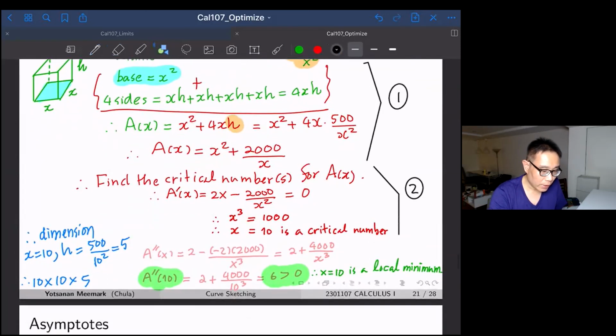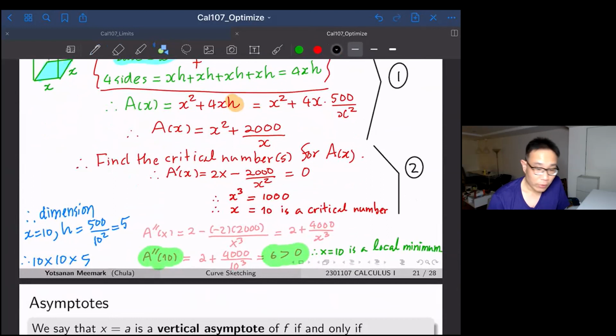And your third step, the thing that you have here, is going to be your third step. You test for local maximum or local minimum, and it turned out to be local minimum in this case. And the final thing, the fourth step, is going to be your conclusion on dimension.